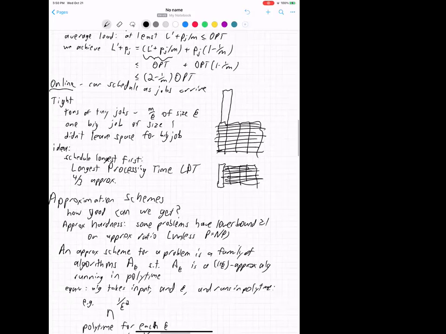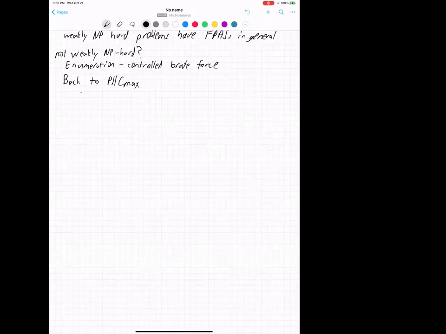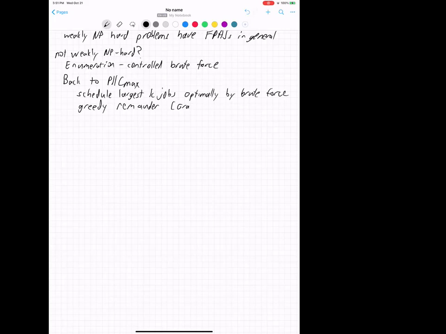So this suggests an approach to solving PC Max. What I'm going to do is schedule the largest k jobs optimally by brute force. And then once the large jobs are out of the way, I'll just greedily schedule the remainder using Graham's rule. Okay.